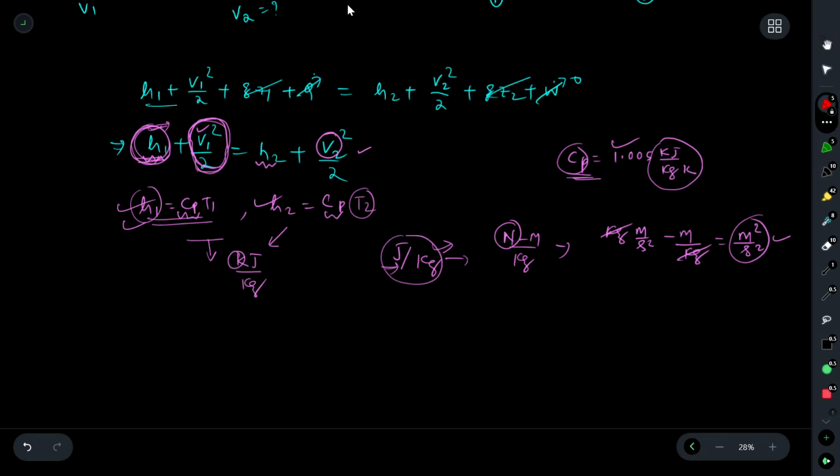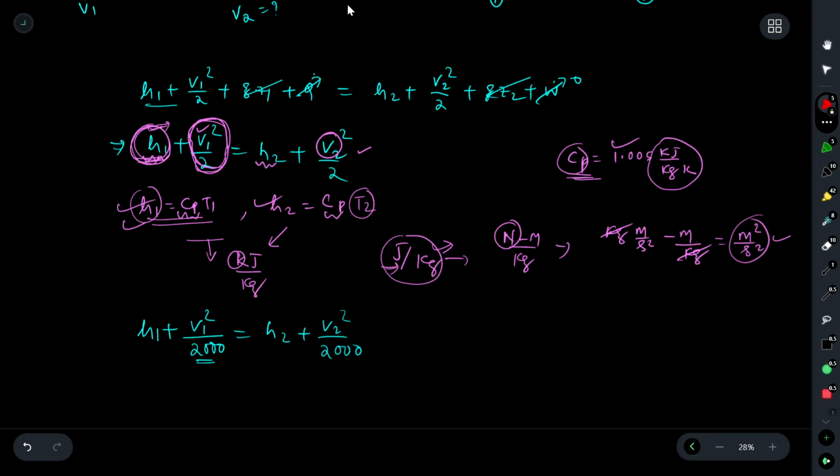If we do so, then I can write H1 plus V1 square by 2000, right? 1000 I multiplied with 2, so I got over here 2000, right? And here H2, so this is equal to H2 plus V2 square by 2000.